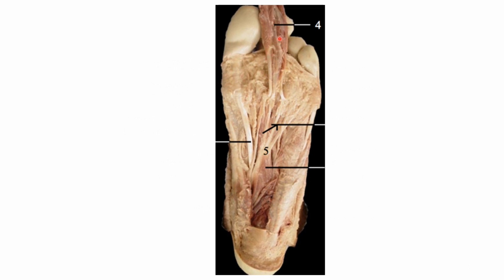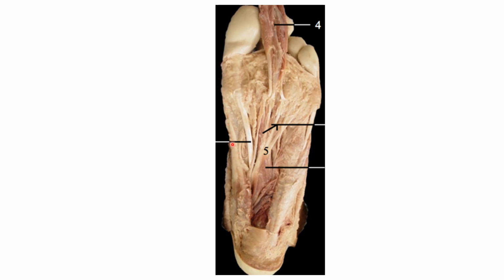This image has the flexor digitorum brevis reflected. So deep to that, you can see the tendons of the flexor digitorum longus. These are lumbricals right here. And down here, this is the quadratus plantae. This is the tendon of the flexor hallucis longus muscle.